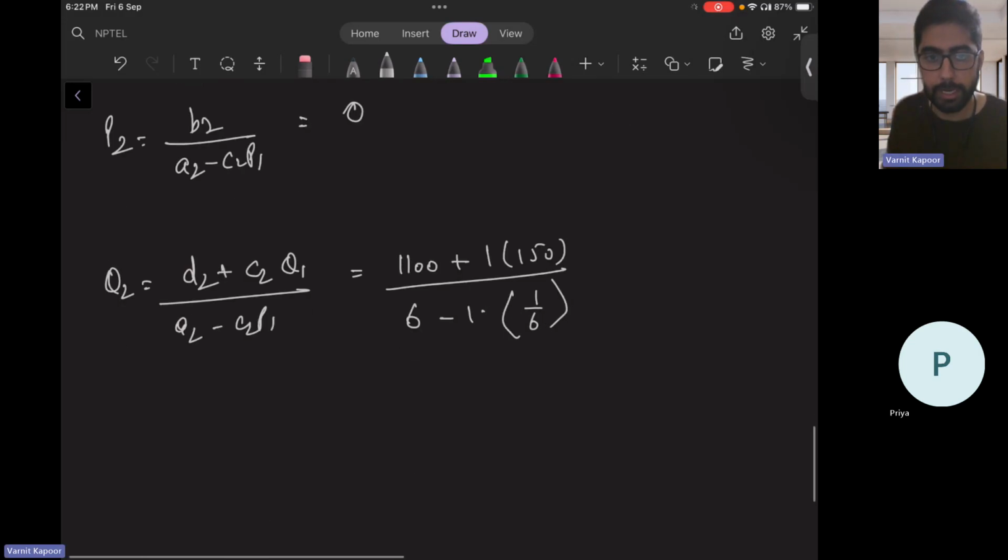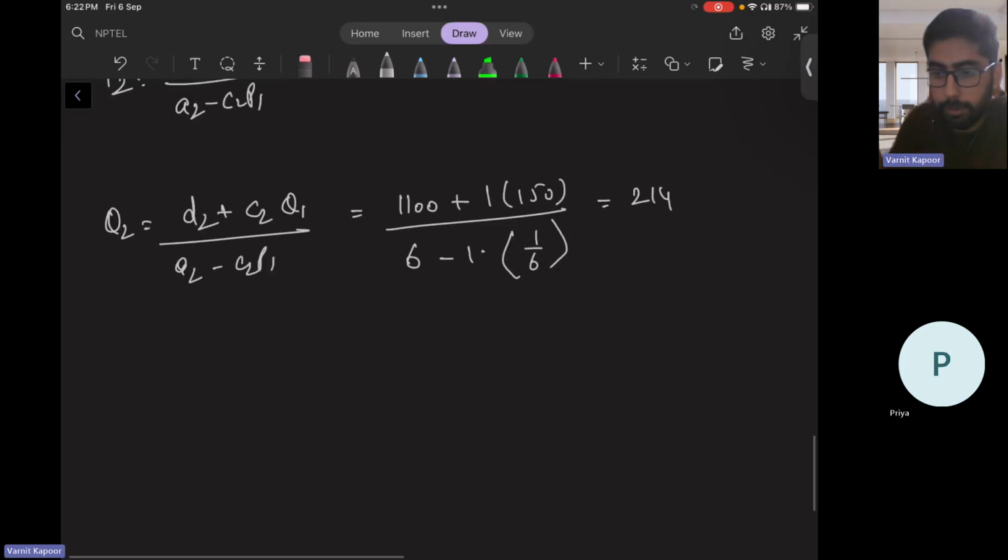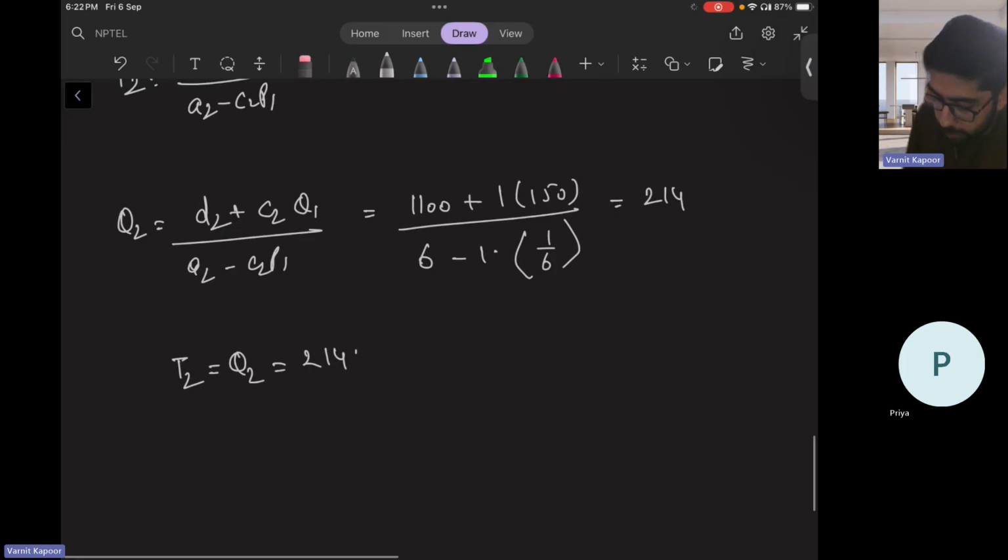If you solve it, you will get 214. Q2 is 214. Now we know that T2 is equal to Tn is equal to Qn because 2 is the nth point while we are traveling. So T2 will be equal to Q2 itself, that is 214 degrees Celsius.